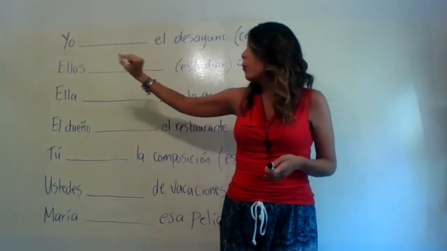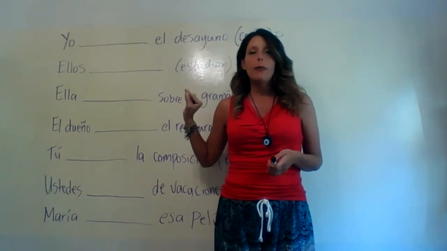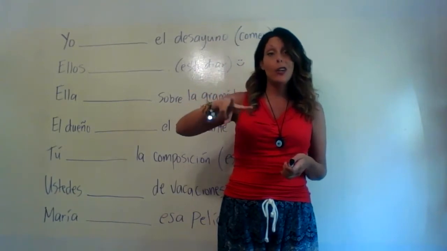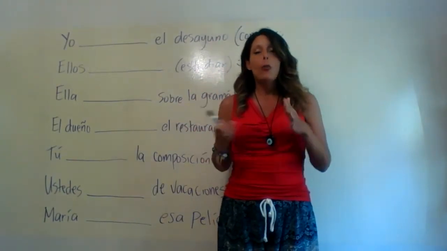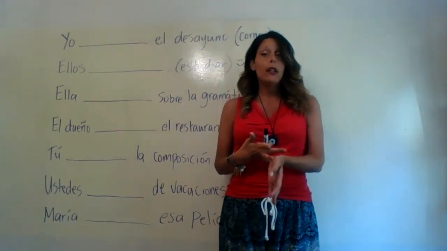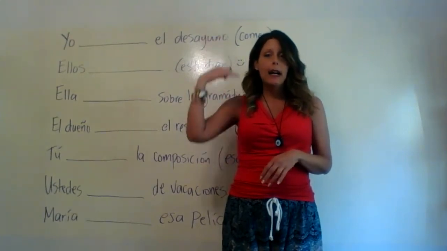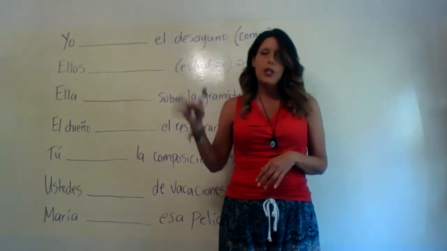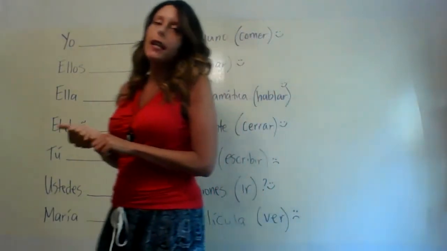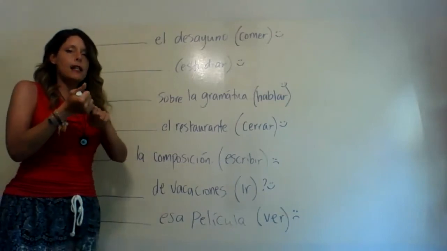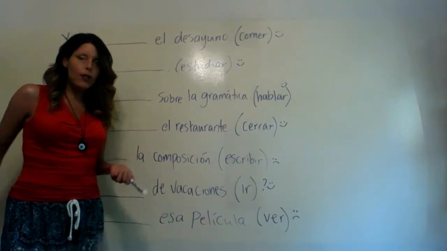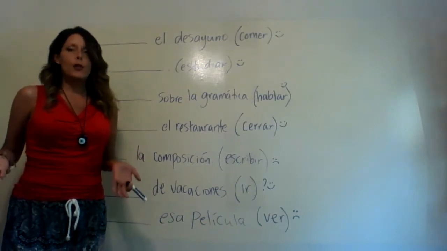But even though I only have one blank here, remember that the present perfect is a two-word verb construction. So there's going to be 2 words in each one of these blanks. So please refer to your notes about how we form the present perfect: has, hemos, han, whichever one is appropriate based off the subject, and then the participle. I'm hoping that you'll do it along with me, so that you're actually trying to see if you could do this by yourself.